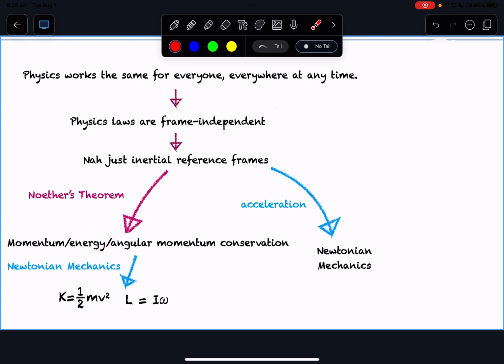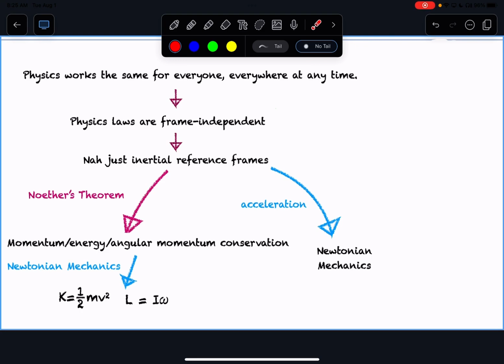And if your physics law works the same when you rotate around some point, some axis, then you know that you should have angular momentum conservation.